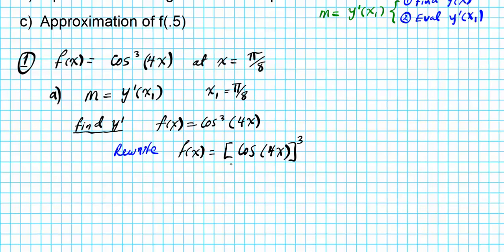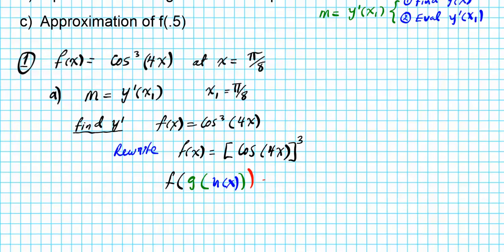Okay? So to carry out the differentiation of this function, we're going to be using the chain rule. Remember, the chain rule is what you use to differentiate composite functions, as is the case here. So we have three functions, so I'm going to write this as f of g of h of x.